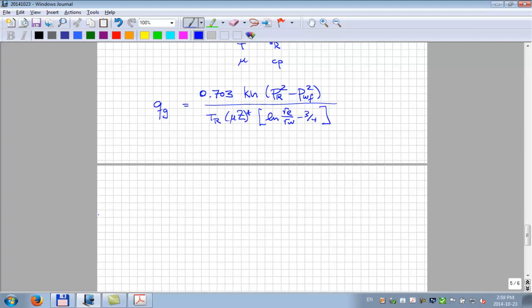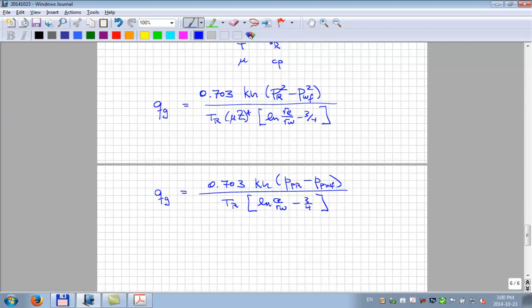If I want to do it in pseudo pressure, it ends up that if you include the 2 in the pseudo pressure definition, I can use that 0.703 still. kH pseudo pressure over reservoir temperature. Now we get rid of the mu z because that's part of the pseudo pressure. So these guys in the 60s, they wanted people to use it, and the people remembered the 0.703, or Fetkovich remembered 1.424.